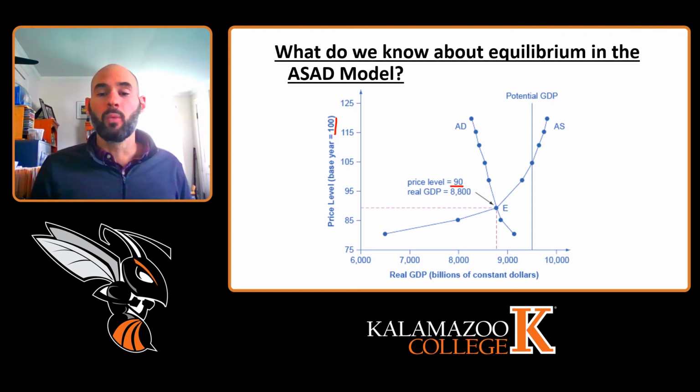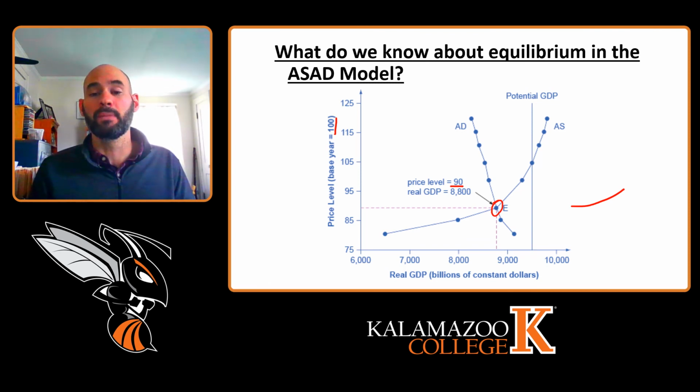And we know that when this intersection, E here, is in this relatively flat part of the aggregate supply curve, an increase in aggregate demand would not necessarily be overly inflationary. That's going to increase prices by a little bit, but not significantly. Whereas if equilibrium were to be up here, then an increase in aggregate demand would be inflationary.